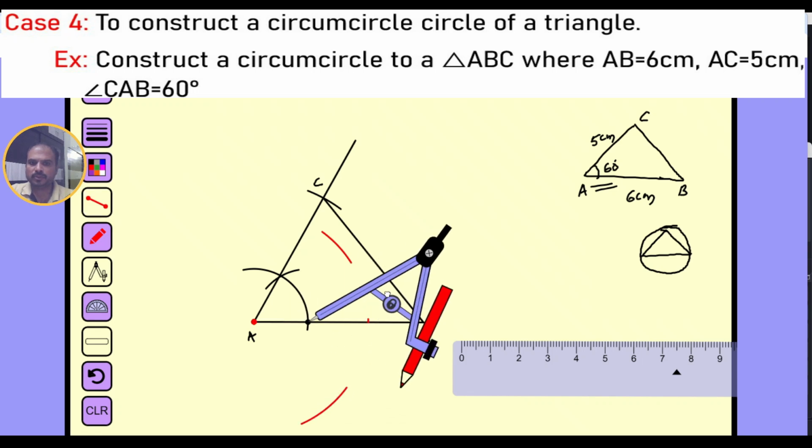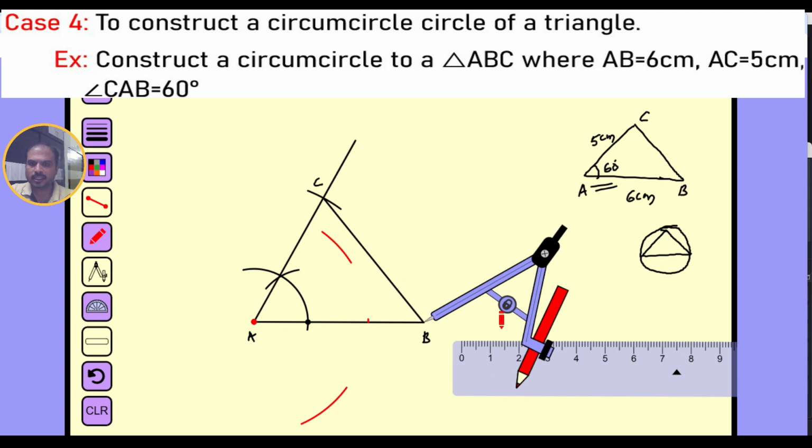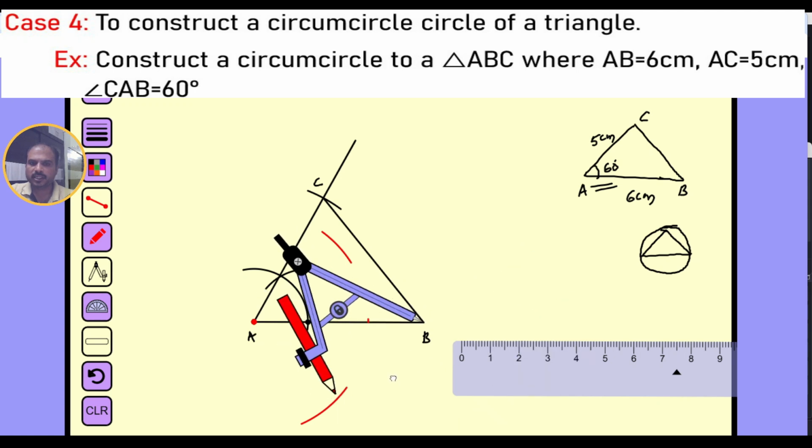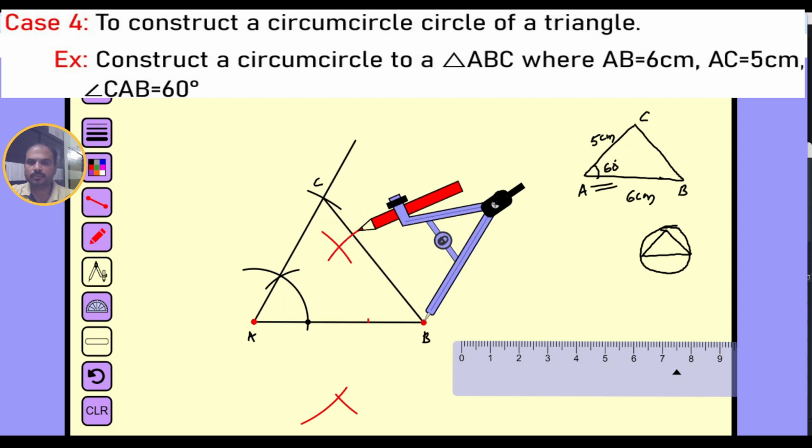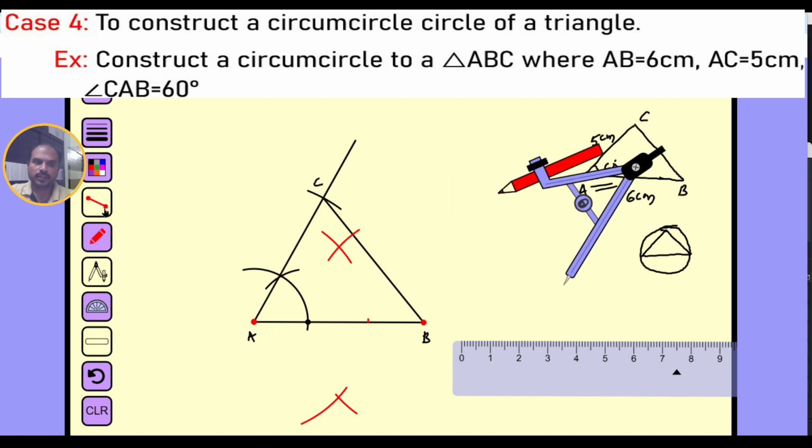Don't draw bigger arcs, as they may confuse you about which arc belongs to which side. This is the perpendicular bisector of AB I have constructed, and you can extend it.